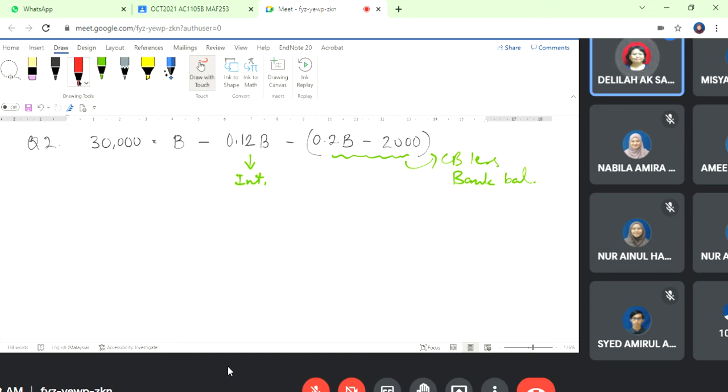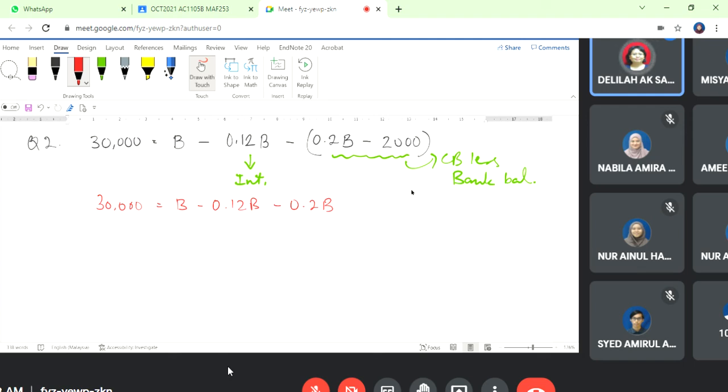So this formula becomes 30,000 minus 0.12 B, the interest. 20% of the borrowing is the compensating balance, but now you have 2,000 ringgit.